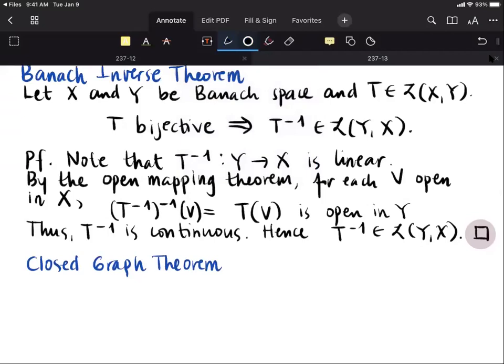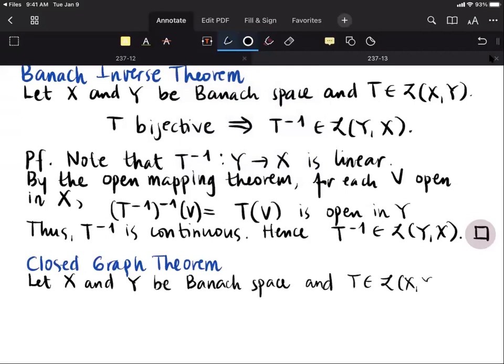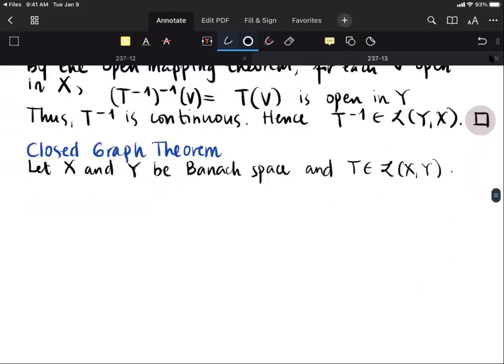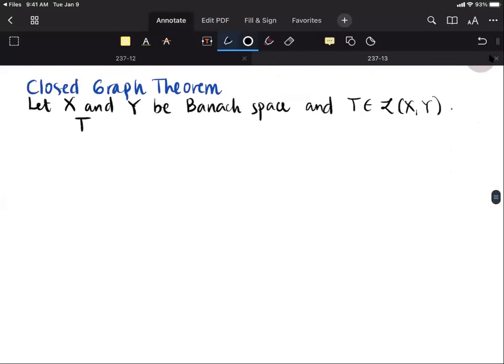So we say that, first, we consider again Banach spaces X and Y, and T from X to Y. Let us assume that this is linear.